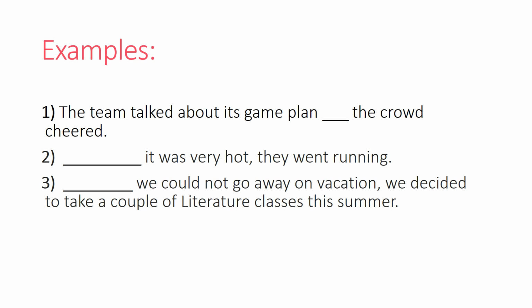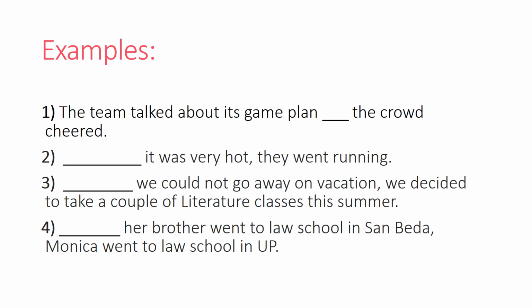Number 3, blank, we could not go away on vacation. We decided to take a couple of literature classes this summer. So why were you able to take literature classes on a summer? Maybe because you could not go away on vacation. So if it's a cause and effect, choose the appropriate conjunction.